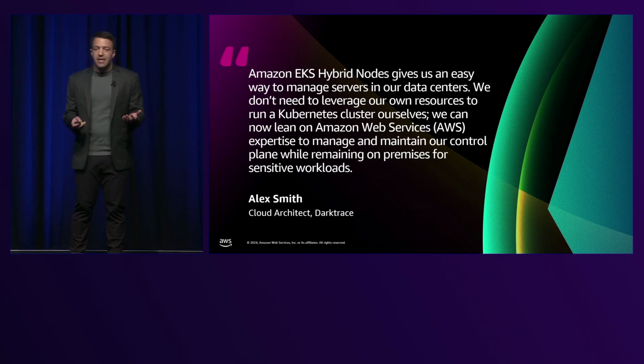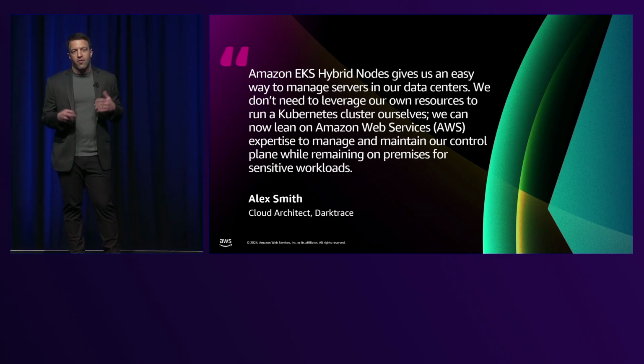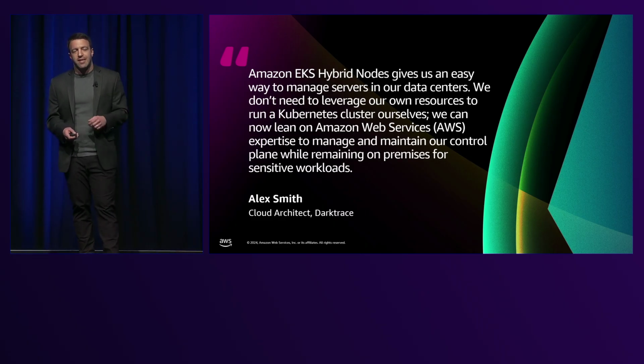We're really excited to see how you all use EKS hybrid nodes and where you derive the most value. One of our beta customers, Darktrace, highlighted the cross-environment operational consistency that the solution provides. Darktrace offers an AI-based cybersecurity platform that learns patterns specific to each customer to provide for robust threat protection and response.